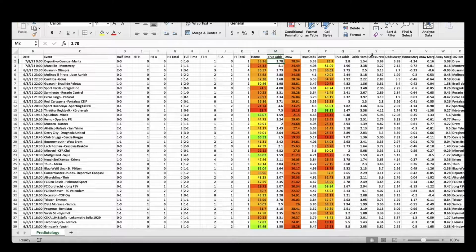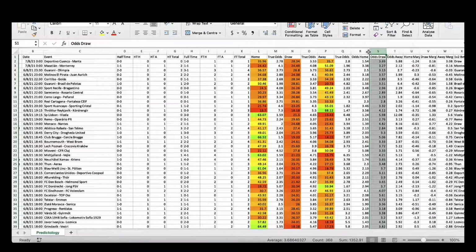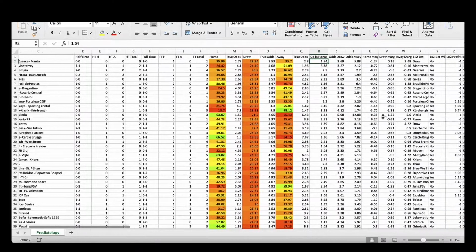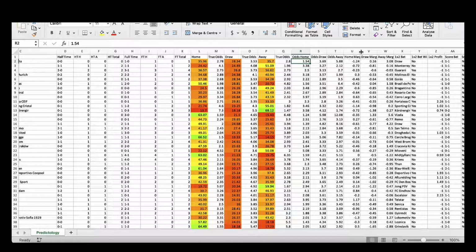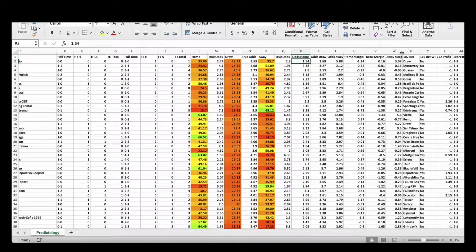Actually, we'll go over here. The odds on the home team actually winning the game were 1.54. So they were a strong favourite in the market, but from our perspective, and as the scoreline suggests, they perhaps were not as strong a favourite as the odds suggested. Now, if we scroll across, we will see here home margin, draw margin, away margin.